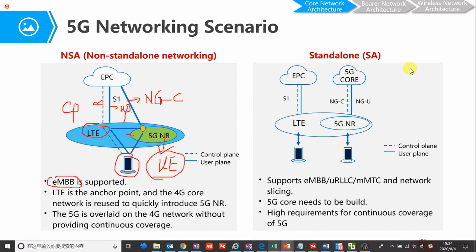But why, between LTE and EPC, is there also the user plane? Yesterday, I introduced it like this: just the LTE goes through the signaling, and the 5G base station is the data split.